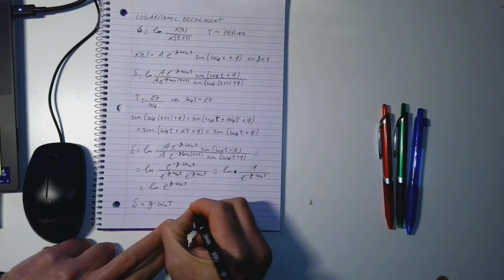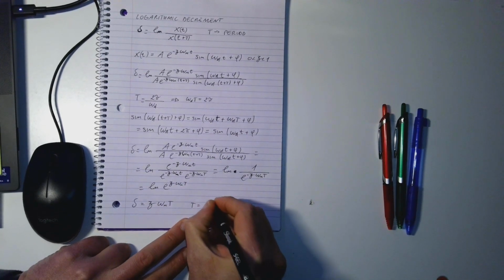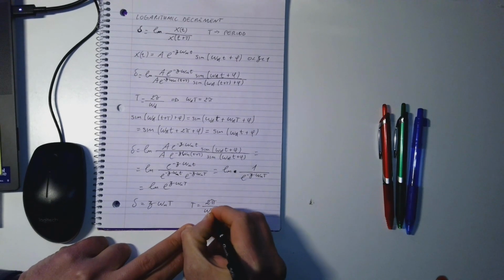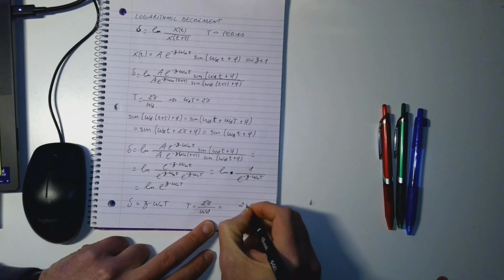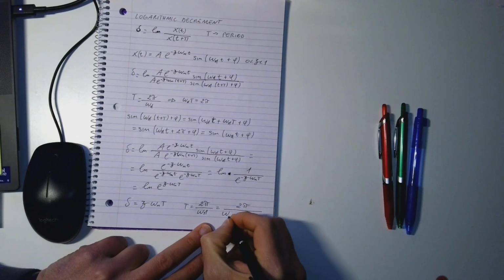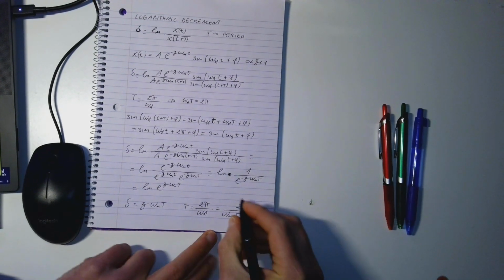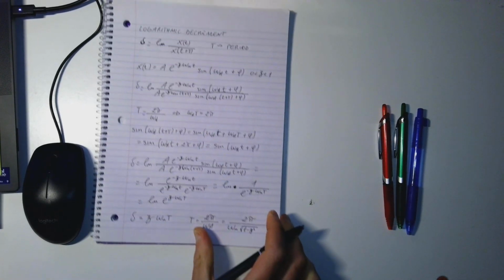So the period T, we know that is equal to 2 pi divided by omega d, which means it is equal to 2 pi divided by omega n square root of 1 minus zeta squared.